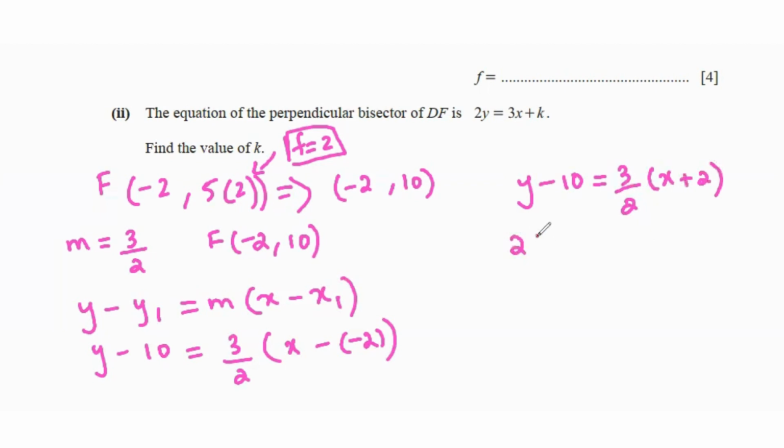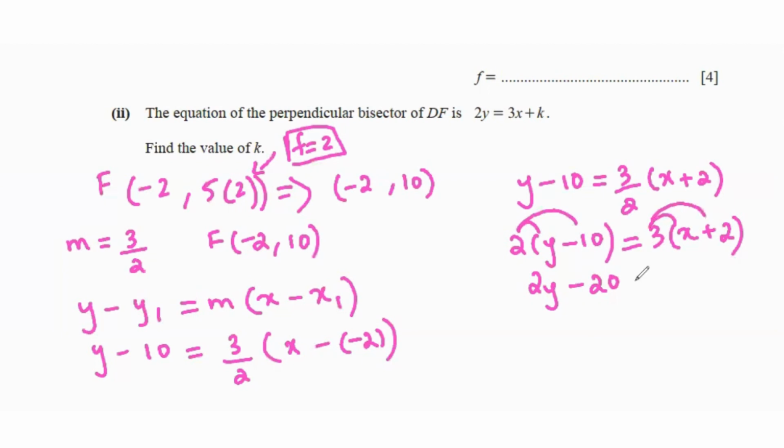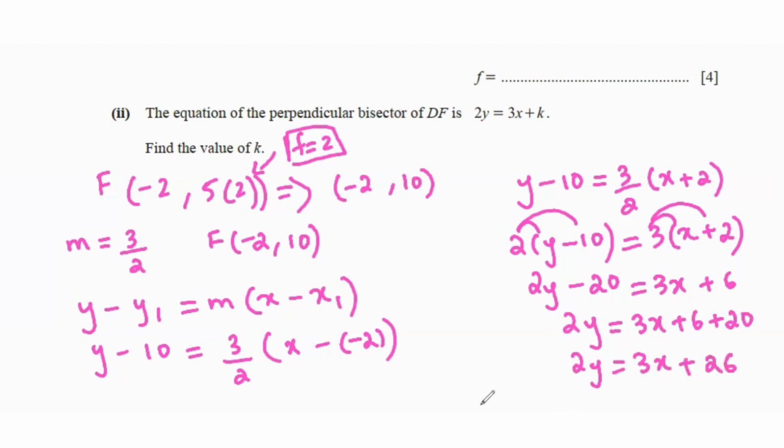Cross multiply. 2 times (y minus 10) equals 3 times (x plus 2), which is 2y minus 20, because you multiply 2 with y and 10, 3 with x and 2, so that's equal to 3x plus 6. 2y equals 3x plus 6 plus 20. And as you can see, your k value is 26.